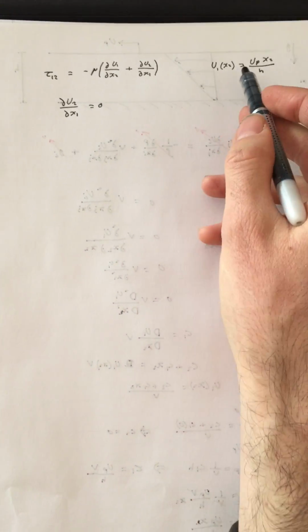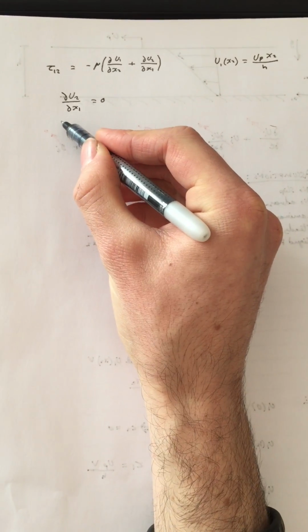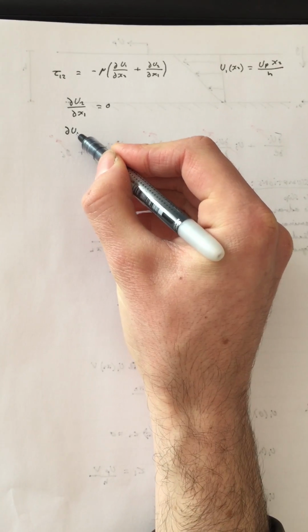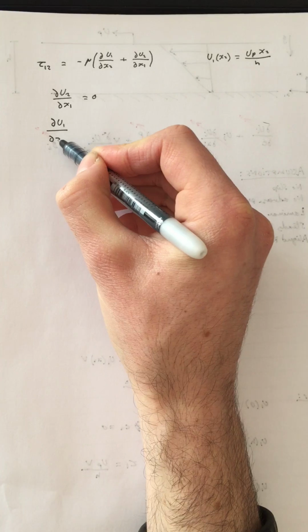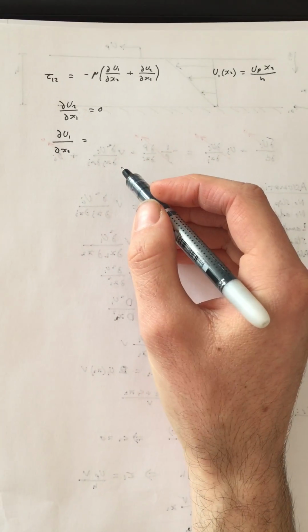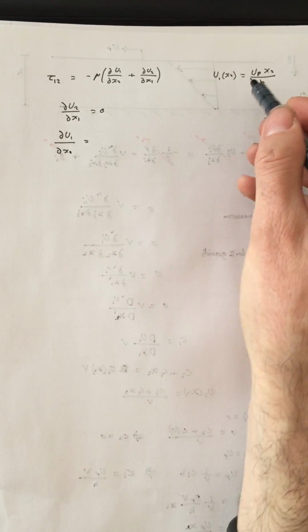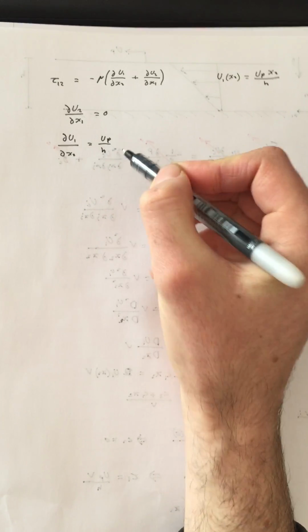So if we differentiate our velocity profile, we get du1 by dx2 is equal to Up over h.